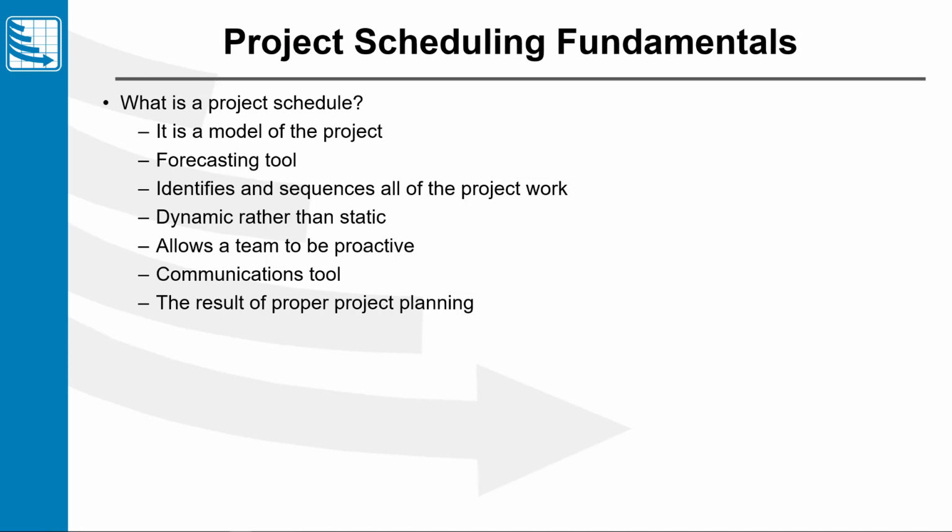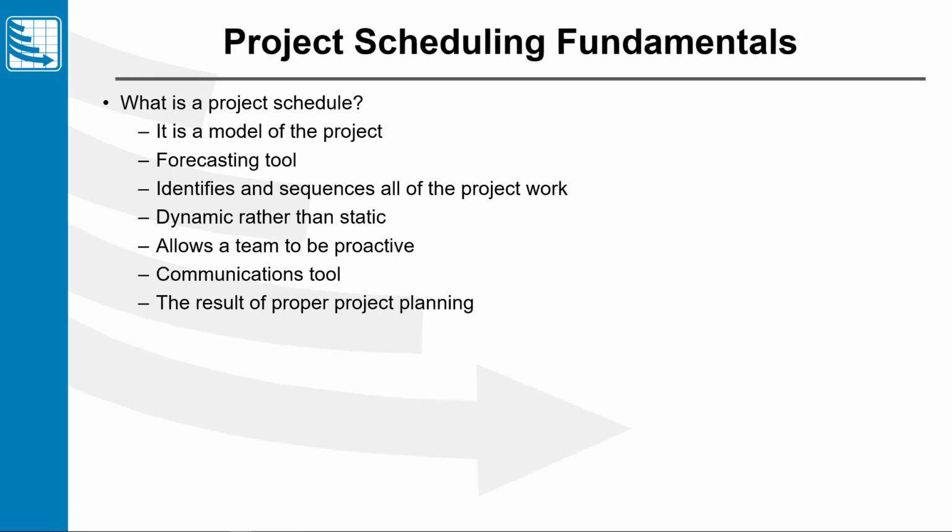The schedule also, like I alluded to with the model of the project, identifies and sequences all of the project work. And because we're identifying and sequencing all the work and we can forecast things, the schedule becomes dynamic. It responds to changes. If tasks take longer than they were planned to, the schedule automatically adjusts. It's not static.